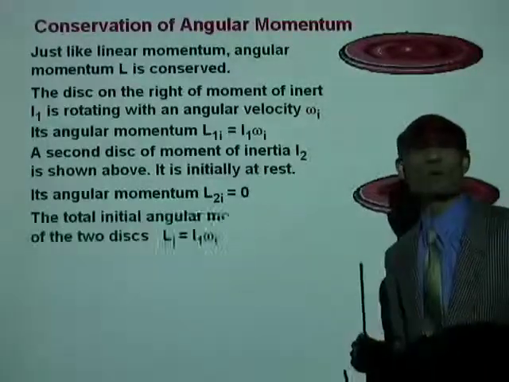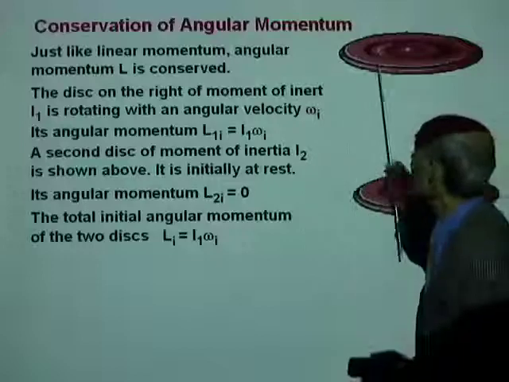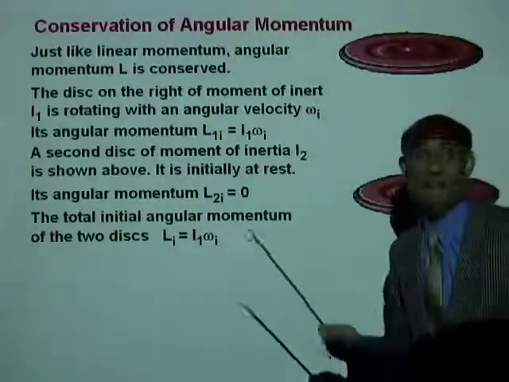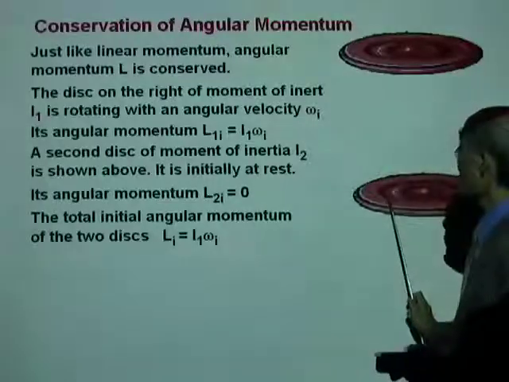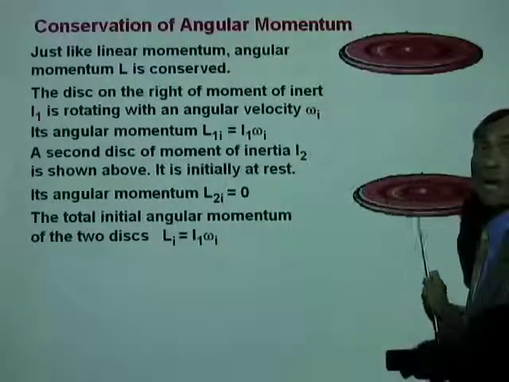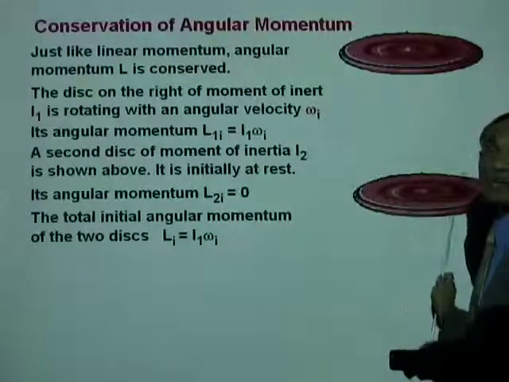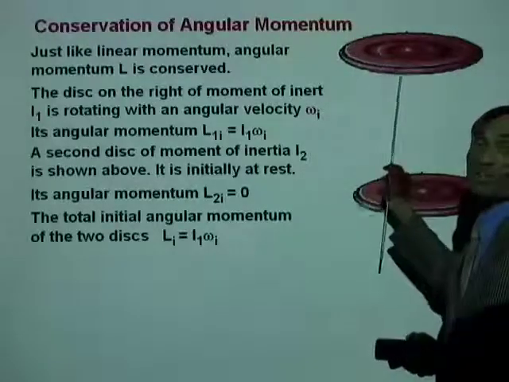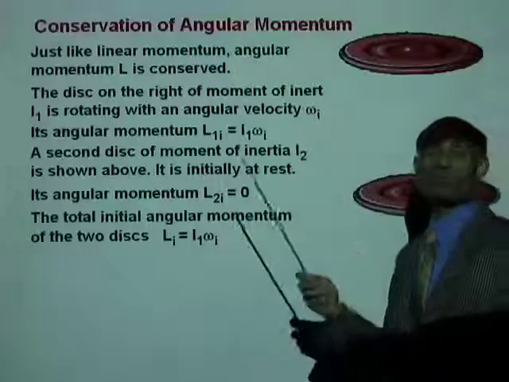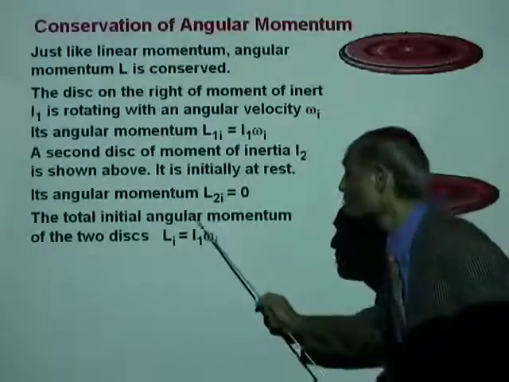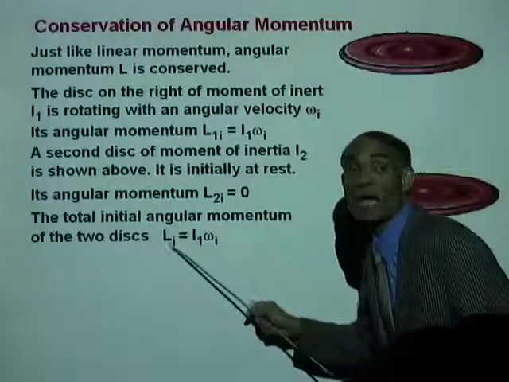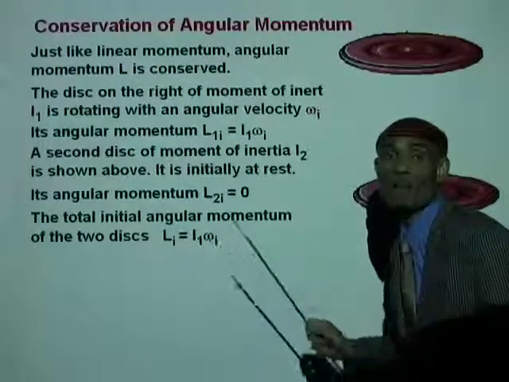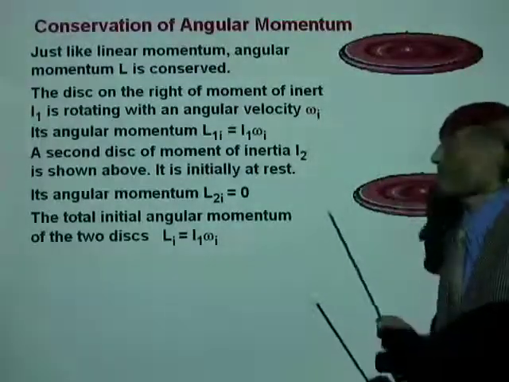L2I equal to 0. Therefore, the total momentum of these two disks now is I1 omega I, the angular momentum of this disk, plus 0, because that has no angular momentum, it is not rotating. The total initial angular momentum Li is I1 omega I.